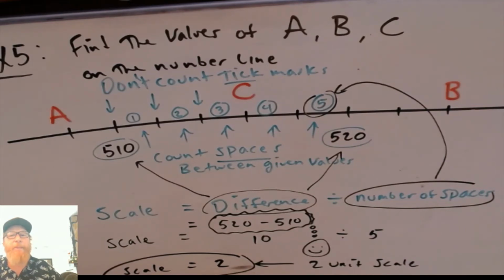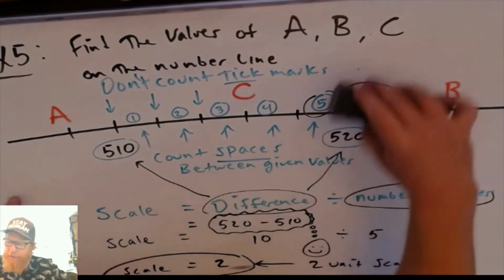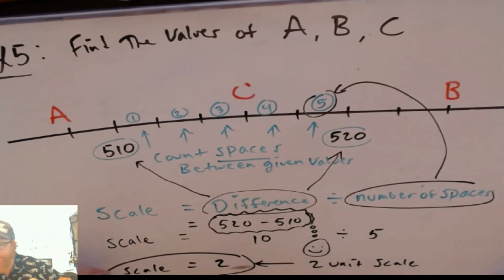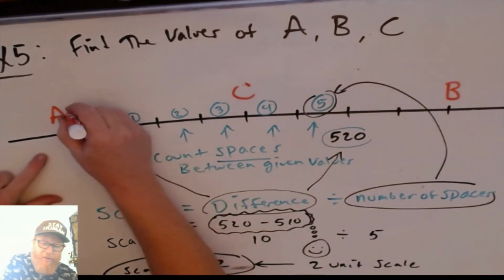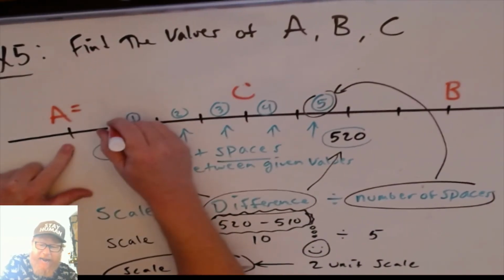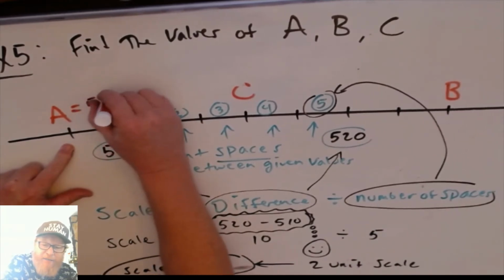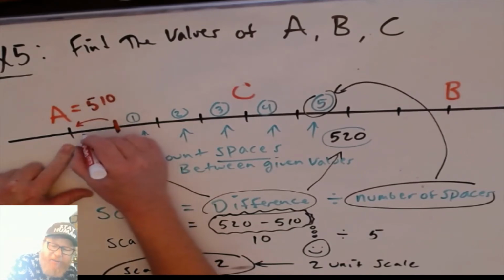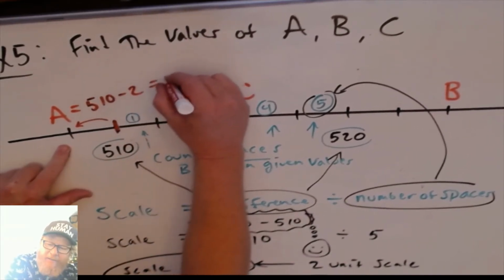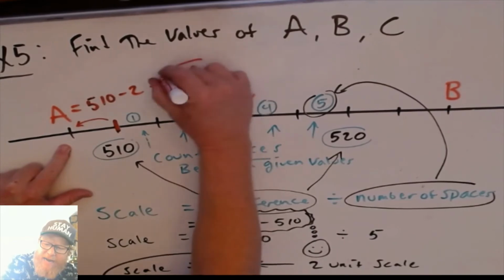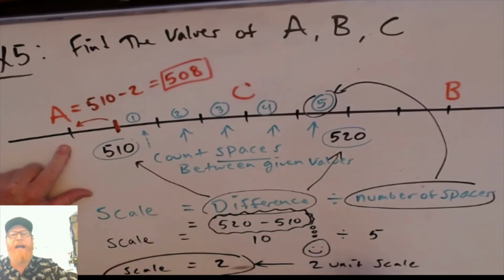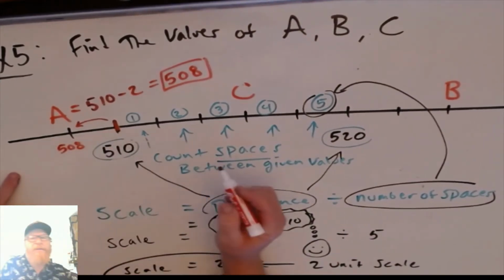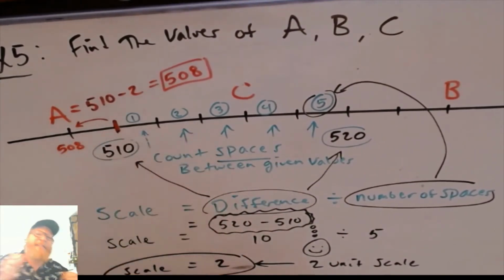Okay. So let's go back to the original question. Find the values of A, B, and C. So A is 510 minus 2. This is 2 units, so that'll be 508. That's the value of A, 2 units less than 510.